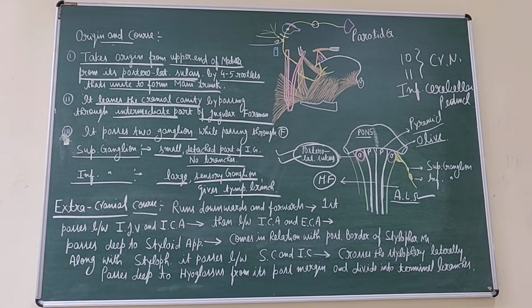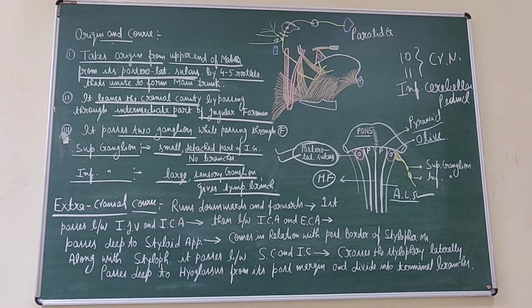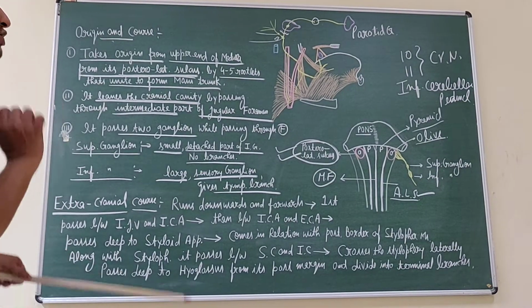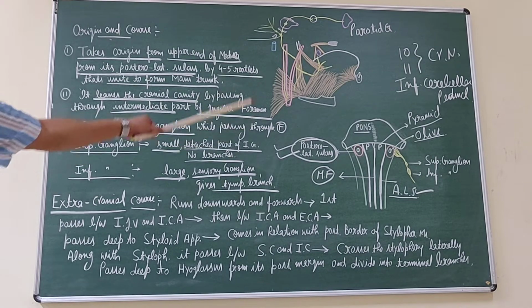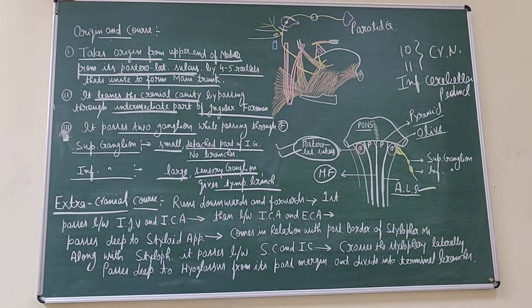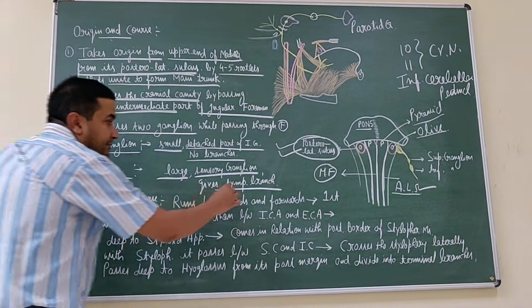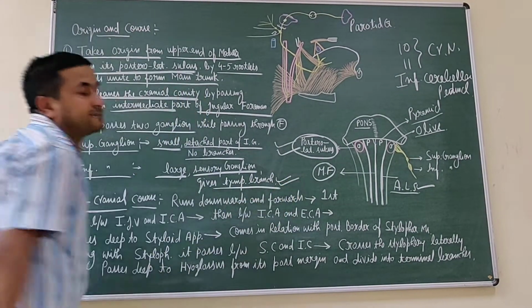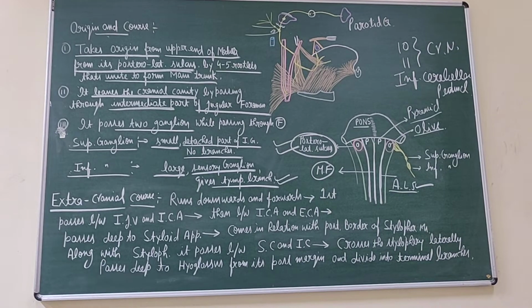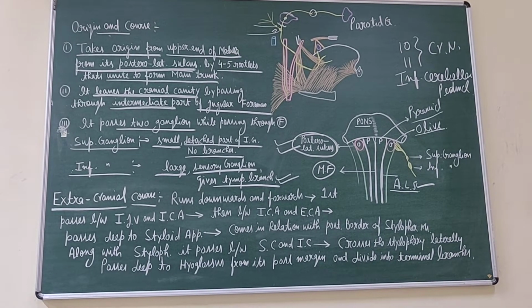The bony edge between the carotid canal and the jugular foramen has minute foramina, known as the tympanic canaliculus. So this inferior ganglion gives the tympanic branch. Both ganglia are sensory ganglia.